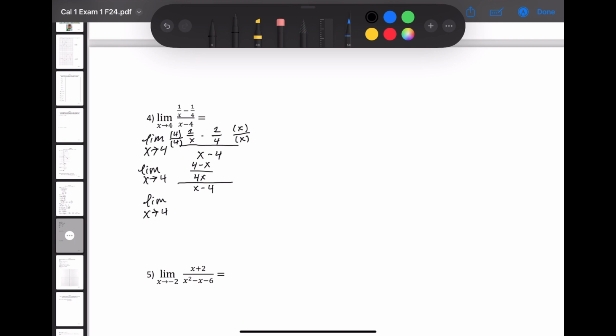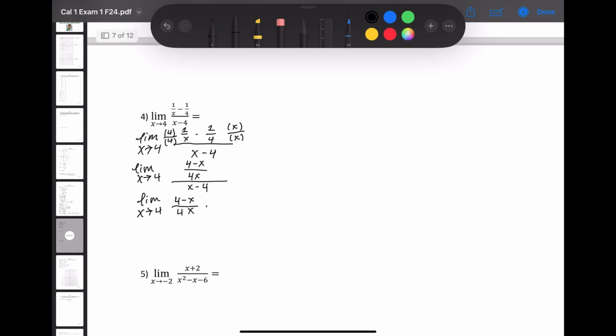we can go ahead and separate it. 4 minus x over 4x, or multiply by, not the conjugate, copy dot flip, 1 over x minus 4.